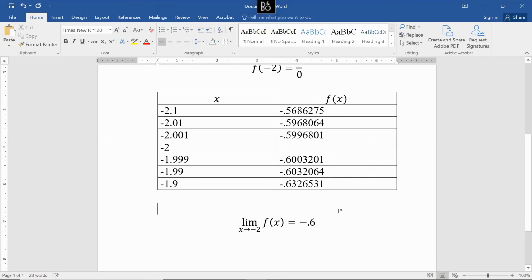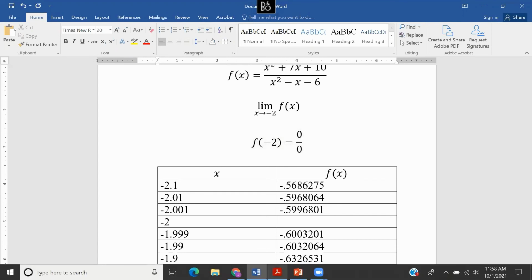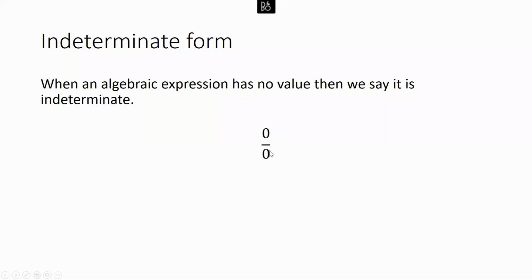Okay. Now, these types of functions and these types of places where you plug in a number and you get 0 over 0 are kind of special. Whenever you have a 0 over 0, the mathematical concept that we have there is called an indeterminate form.